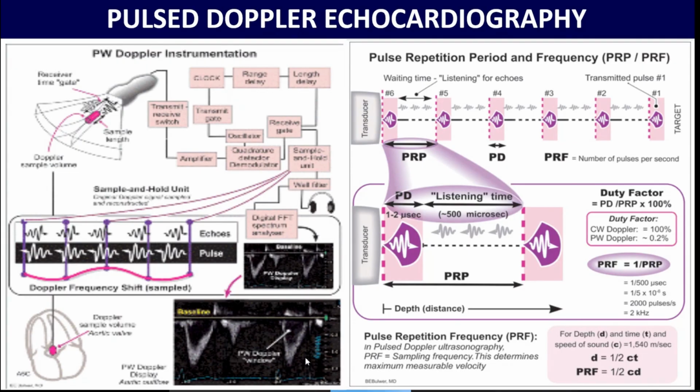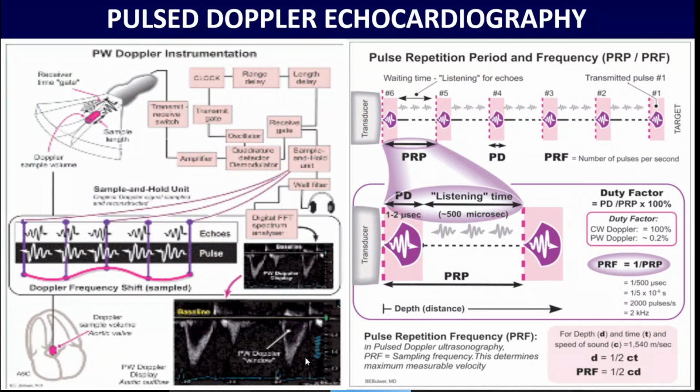Similarly, with car wheels rotating in one direction, as the speed increases, especially in old movies, you might see the wheels moving in the opposite direction. This is called aliasing, and the same thing happens here.